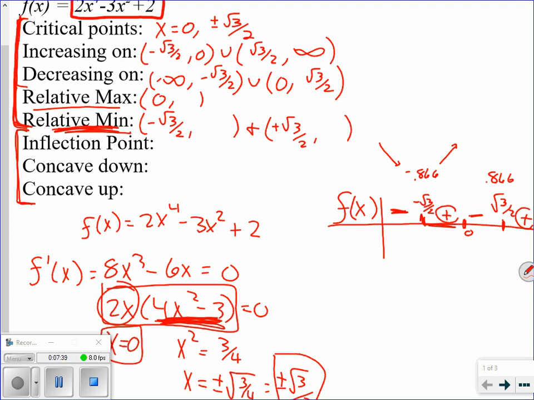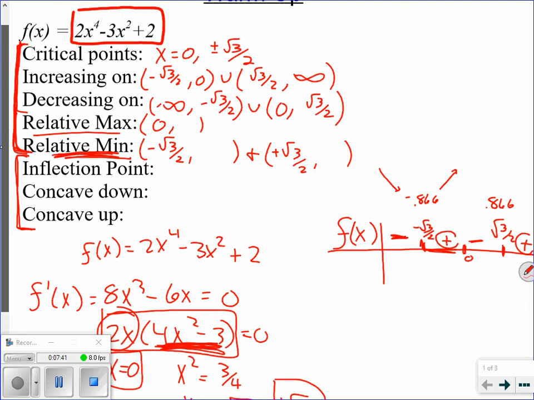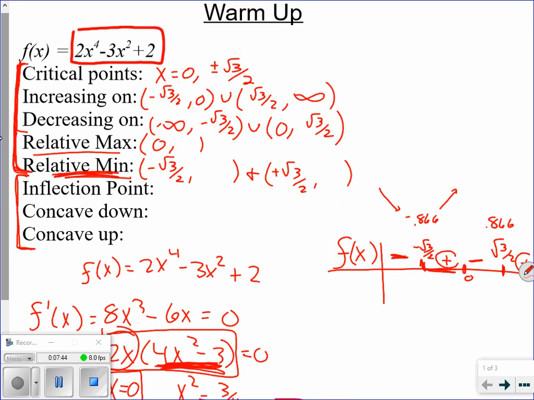Okay. Now, if you want to know the y values of your relative max and your min, and that's very helpful because you want to be able to plot these points when you're sketching the graph, you want to plug these values back into your original equation. So if I plug 0 into that, for instance, I get 2. Now I'll let you try this on your own, but you can do this in your calculator or just on your paper.